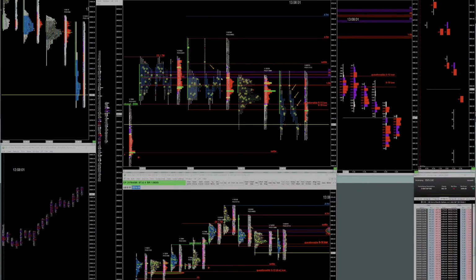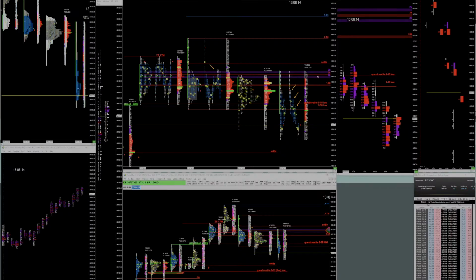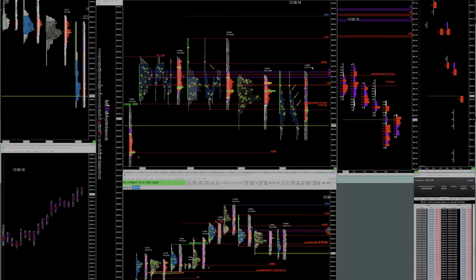But my main thing for this week, as the week opened, was what the market does relative to these big blocks, big pieces.